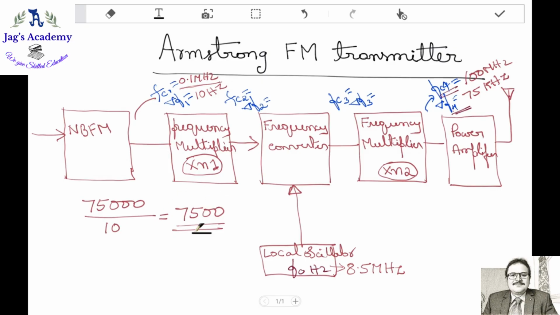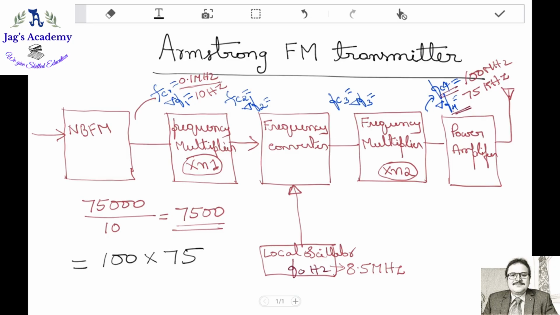This 7,500 we have to factorize into N1 and N2 in such a way that it is a power of 2, 3, 4 or 5, depending on the multipliers available with you. This can be written as 100 into 75.